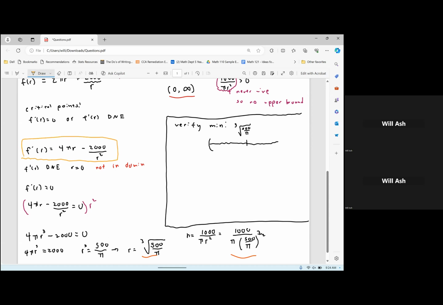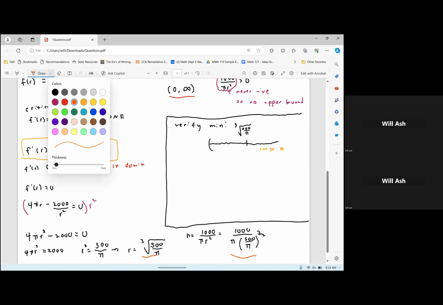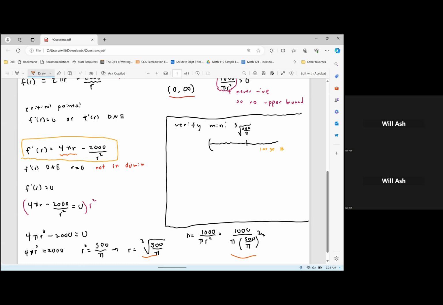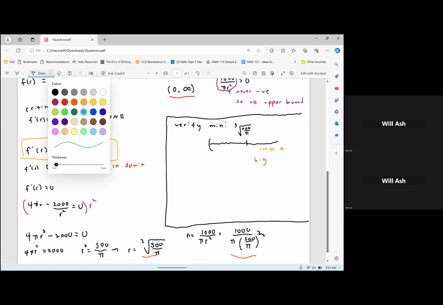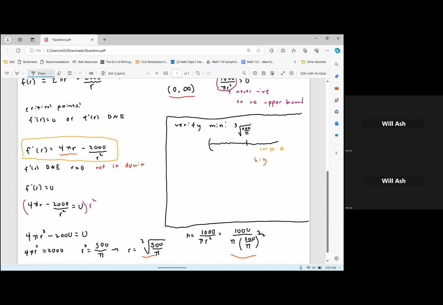And if you look, if you plug in a large number, well, this 4 pi r bit is going to be very big. And this 2000 over r squared is going to be very small.